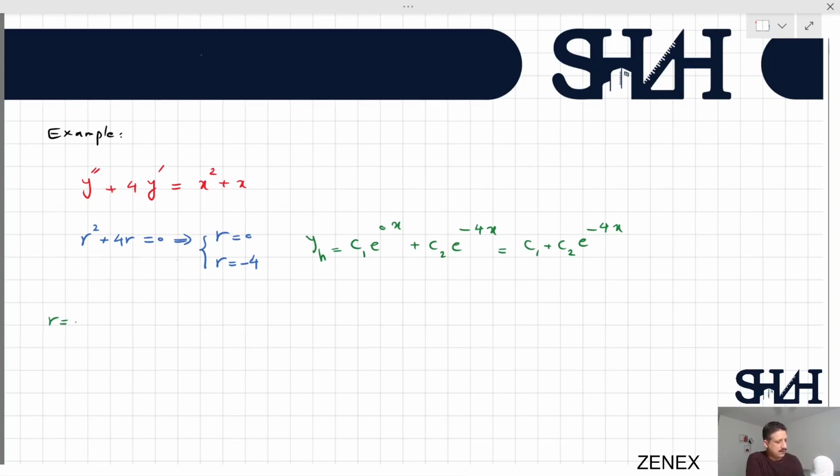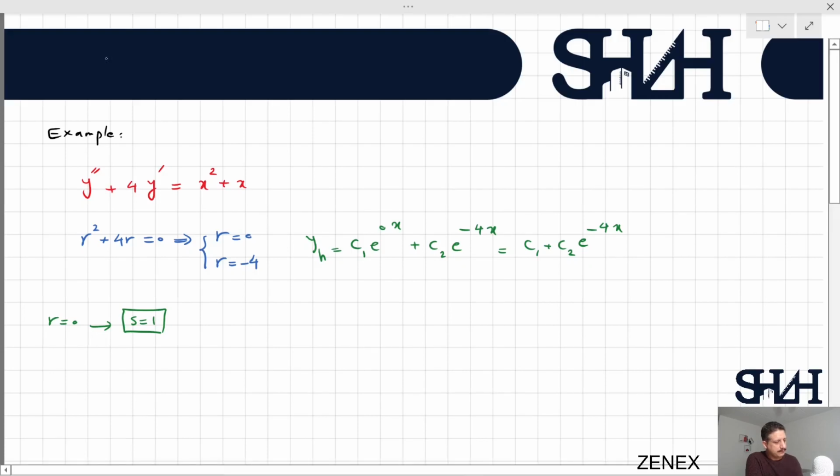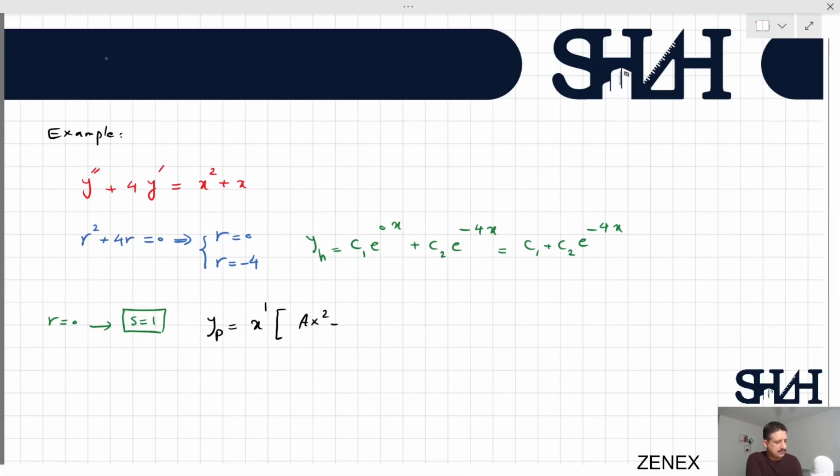So as far as r equals 0 is one root, then s will be 1. When you want to write the particular solution, it will be x to the power of s times (ax² plus bx plus c). It will be ax³ plus bx² plus cx.